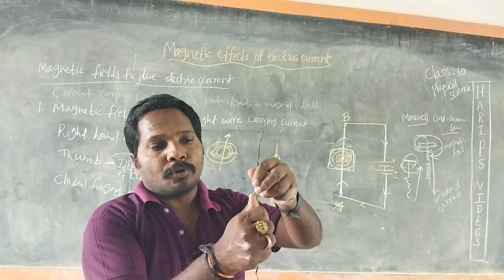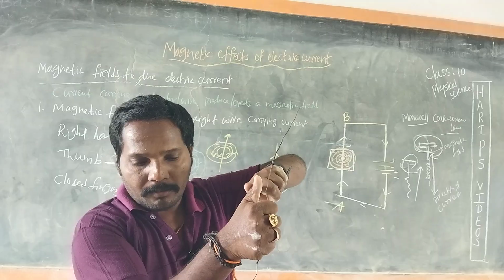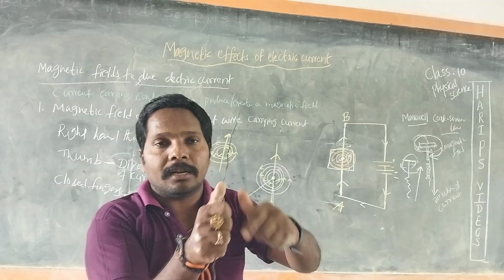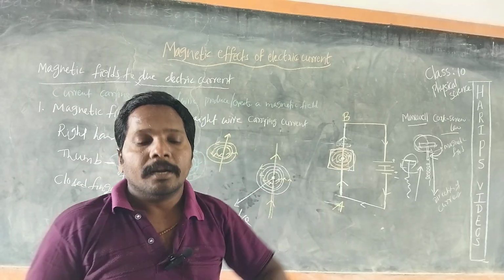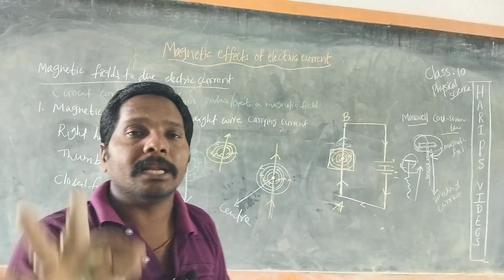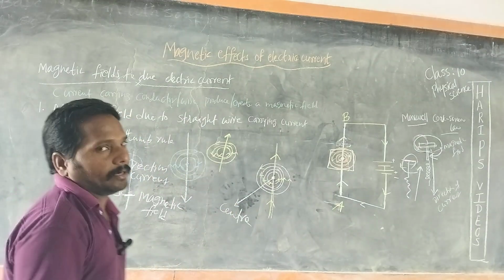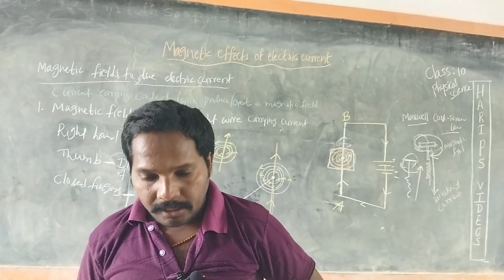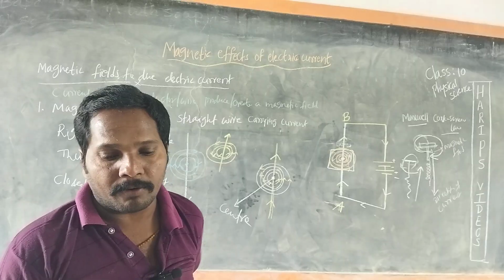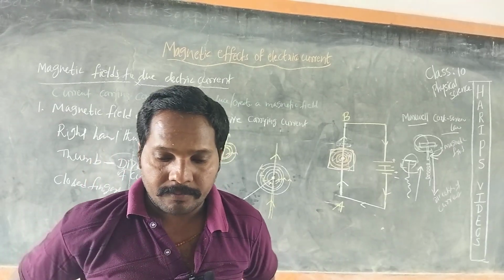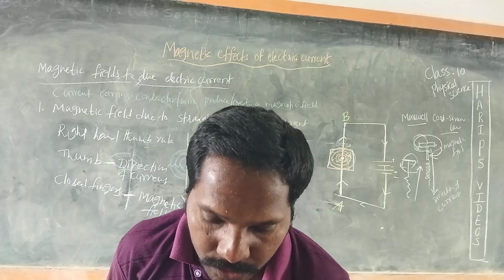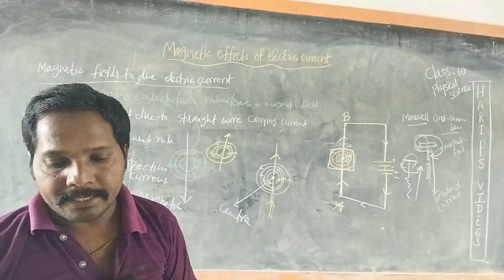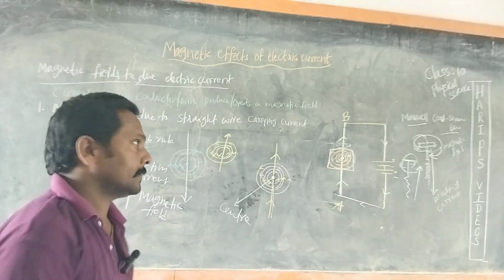wire like this. So the thumb denotes the direction of electric current, and the encircling fingers denote the magnetic field lines or the magnetic field. So the magnitude of the magnetic field produced by a straight current carrying wire at a given point is directly proportional to the current passing through the wire and inversely proportional to the distance of the point from the wire.